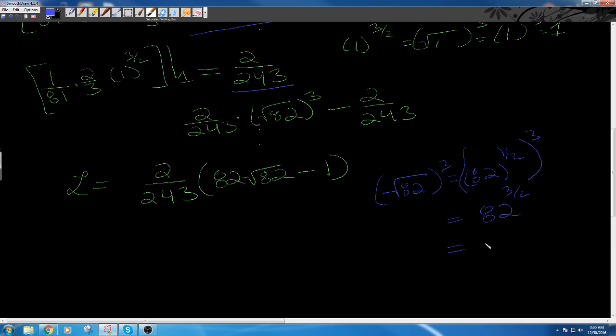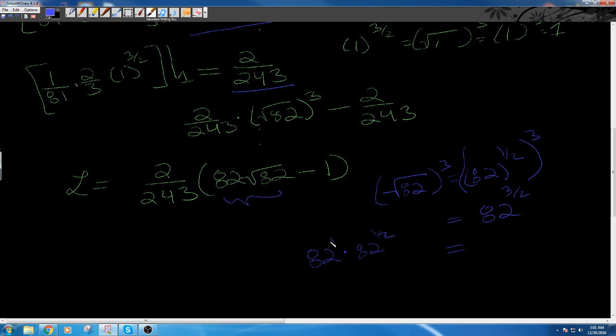Well, remember that 82 to the 3/2, we just deduced, is the square root of 82 raised to the 3rd. So this 82 times the square root of 82 is the same thing as 82 to the 1 times 82 to the 1/2.